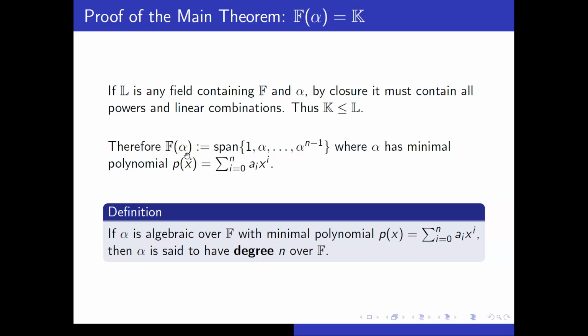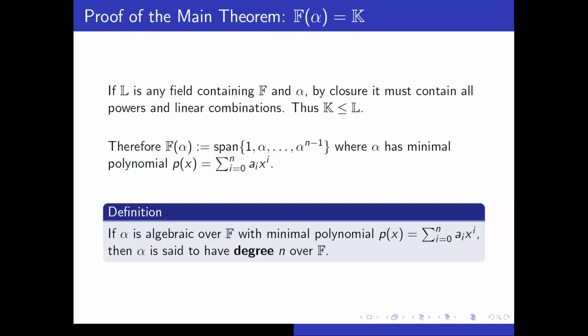So when alpha is algebraic with some minimal polynomial, F adjoined alpha is the span of the powers 1, alpha, up through alpha to the n minus 1, where the minimal polynomial has degree n. All right, so this allows us to assign a degree to an algebraic element.